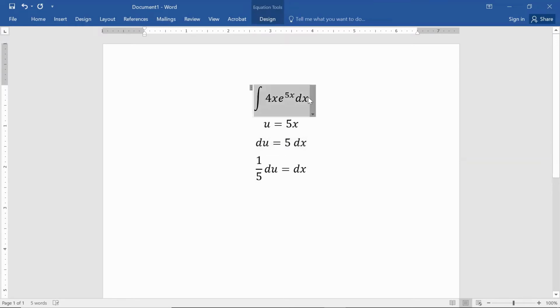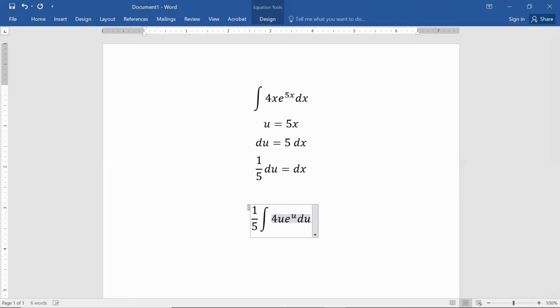Notice that if I try to do substitution here, the dx gets replaced with a constant times du. I'm going to put the 1/5 out front. The 5x can be replaced with a u. I guess I can replace this x as well by solving this equation. 1/5 u equals x. So I can call that x 1/5 u.